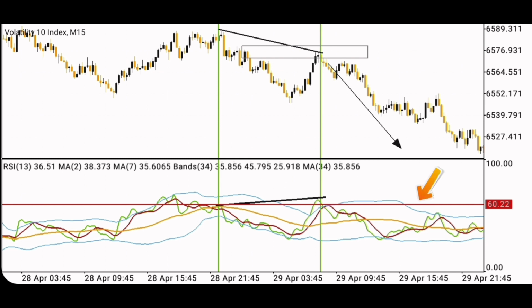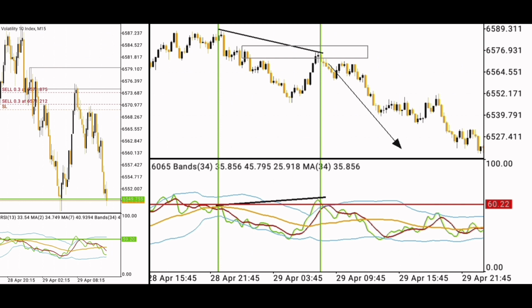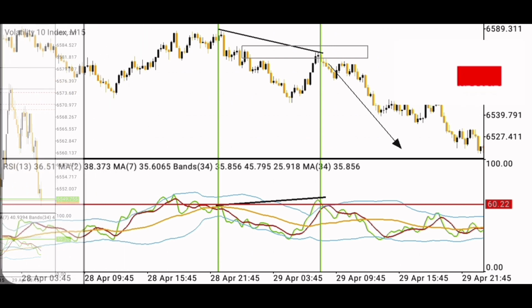And fourth, you can see we have our hidden divergence. And what did price do after that? It went straight down. And as you can see on the left, that's how we took our sell trade, which respected our conditions and went ahead to fall down.